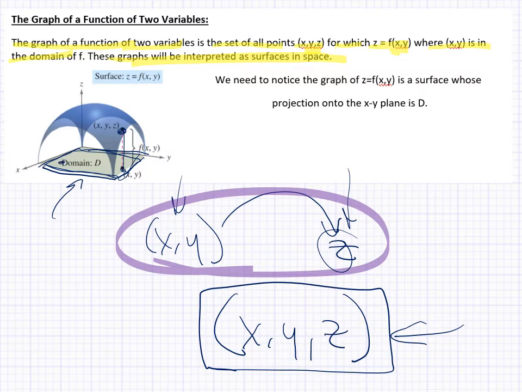And if I take this x and y and match it up with its particular z, I get this point. And this one matches up and gives me this point. And this one matches up and gives me this point. And what I'm basically doing is I'm projecting this domain into the z direction, either upward or downward, to create this surface that is the collection of all x, y's, and z's that would satisfy the function. And that's the general idea of graphing a two-variable function and why it would represent the surface.